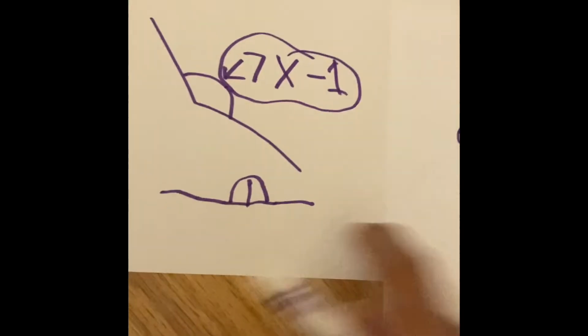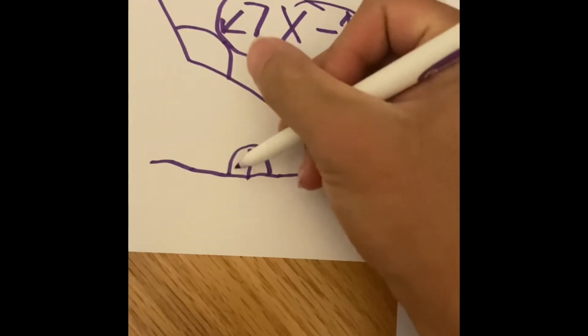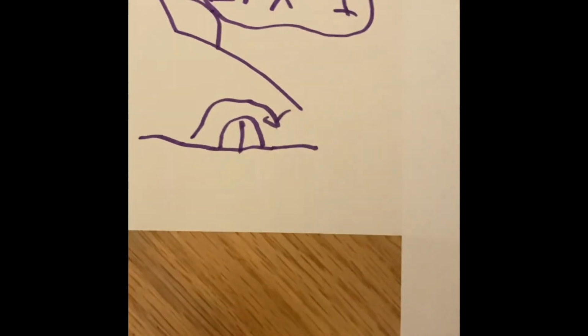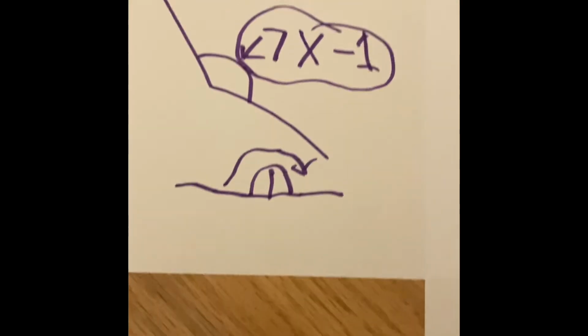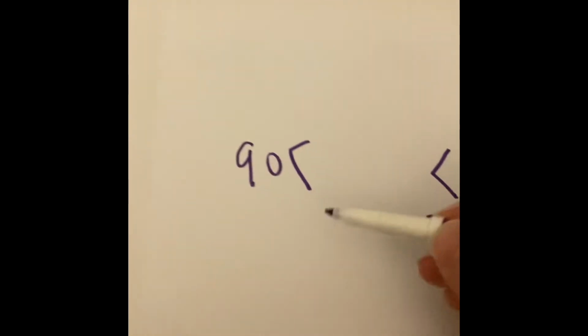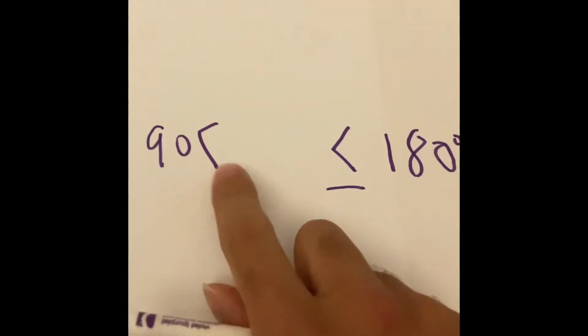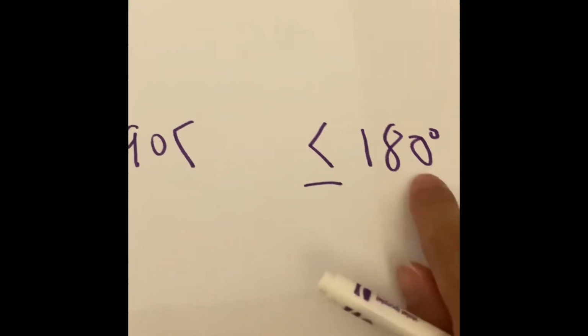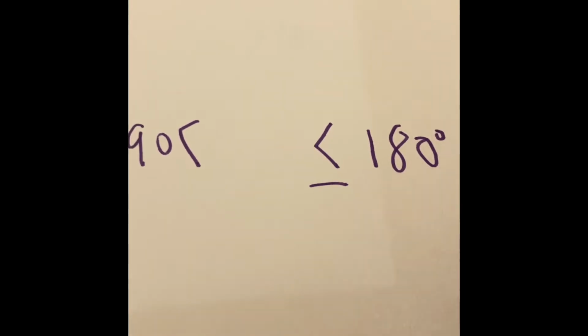You can actually have an obtuse angle that lies flat, but also looks like this. So pretty much is bent to the other side. Any angle can be called an obtuse angle if it lies in the range of greater than 90 degrees up to 180 degrees.